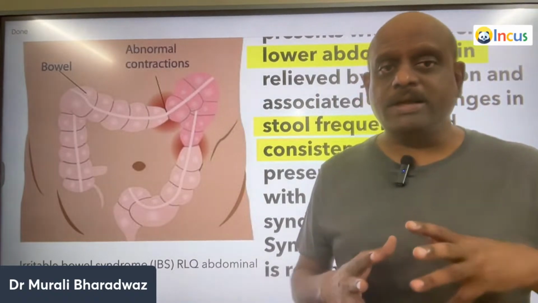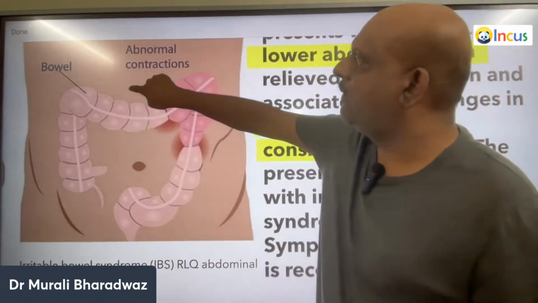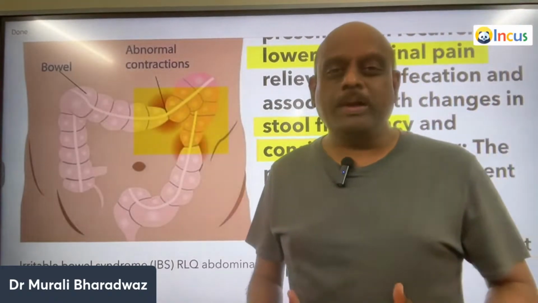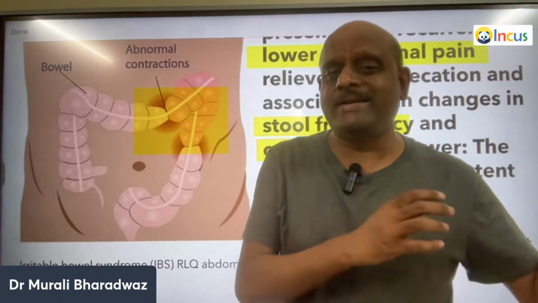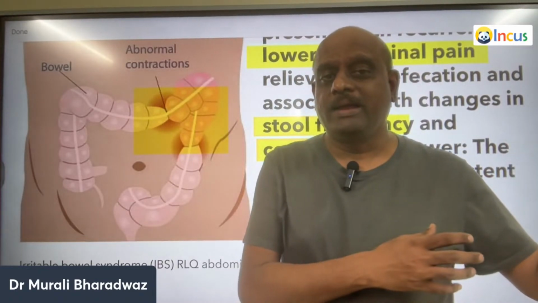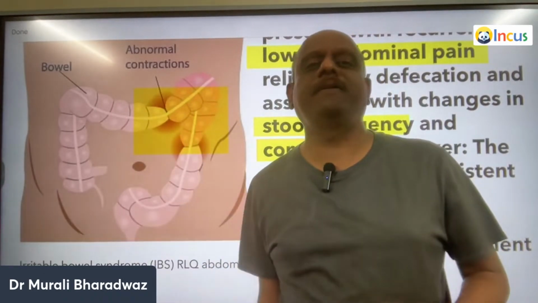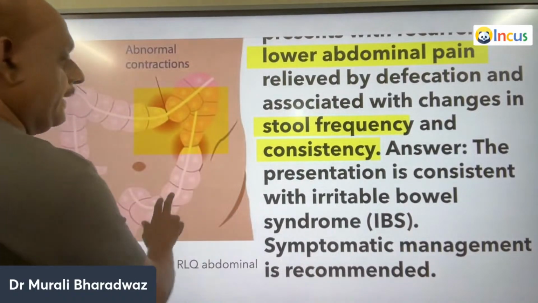Irritable bowel syndrome is a sort of psychosomatic disorder where the patient will have abnormal contractions of the bowel, which lead to a painful situation where unless he goes and passes a little stool, he will not get relief of the abdominal pain, and that increases the frequency of passing the stool. That is what you need to remember.